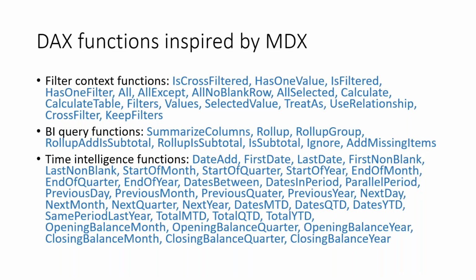And also because they work on filters, they only work on dates that exist in your database. So you cannot do the same period in the previous year if you only have dates in, let's say, 2019.